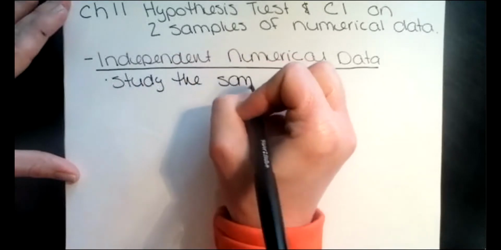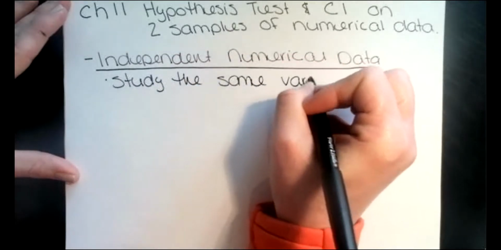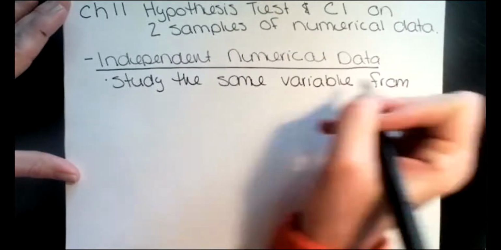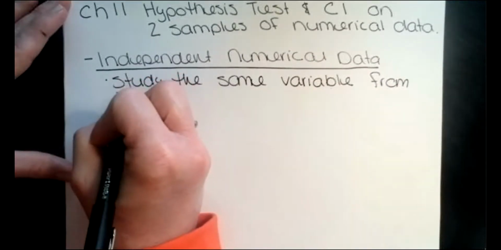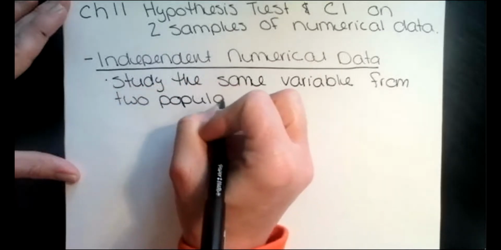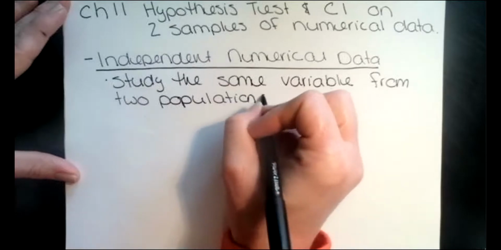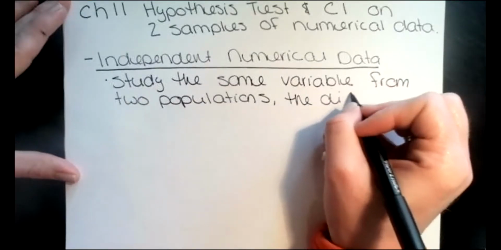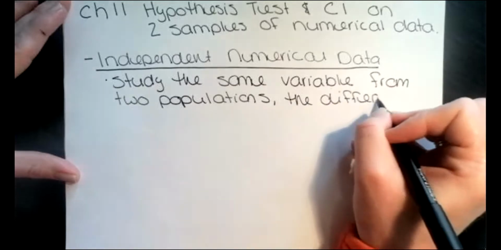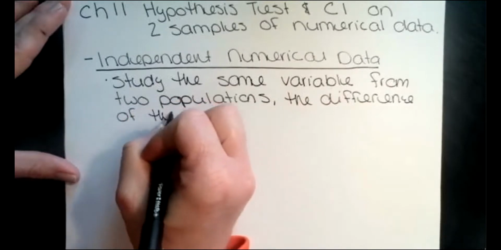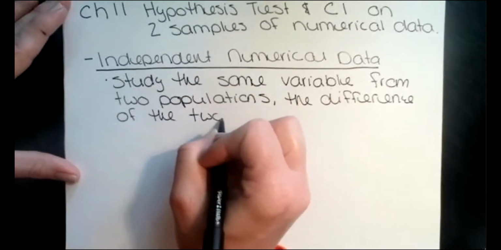So with independent numerical data, we're going to study the same variable from two populations. What we're looking at is the difference of the two means.